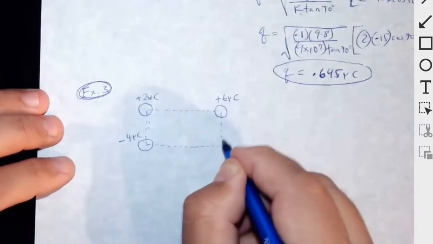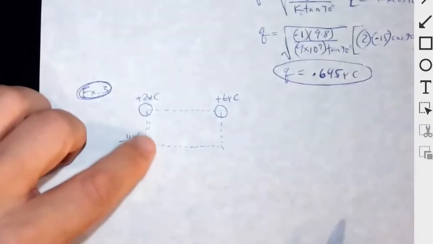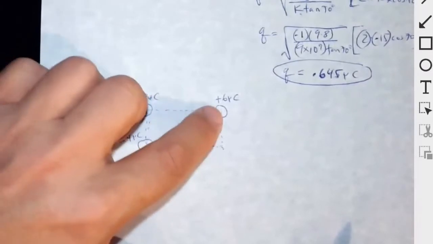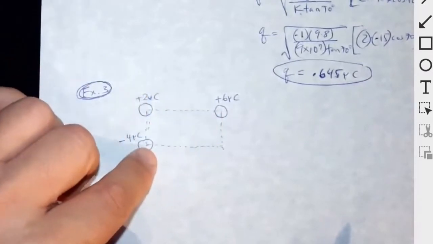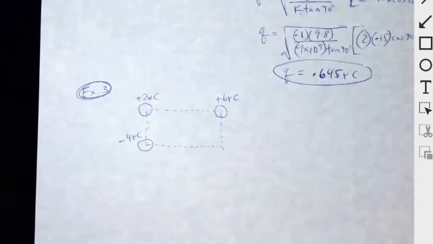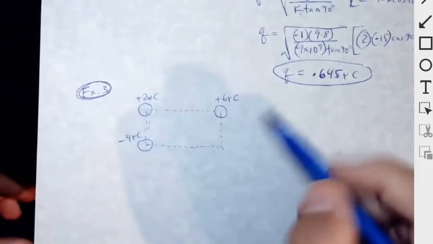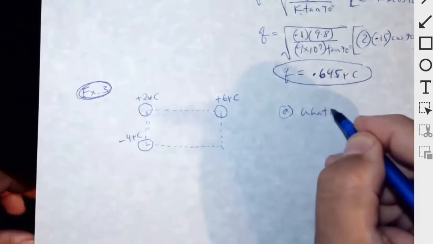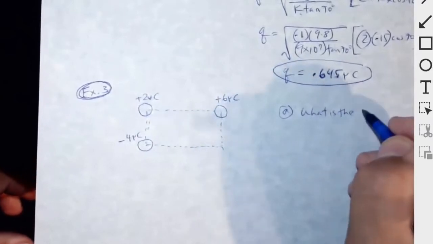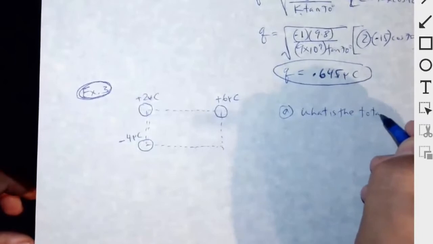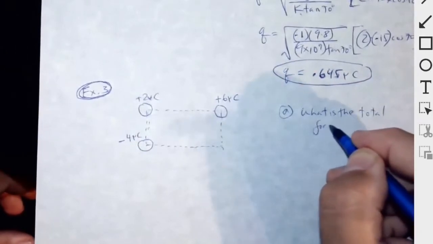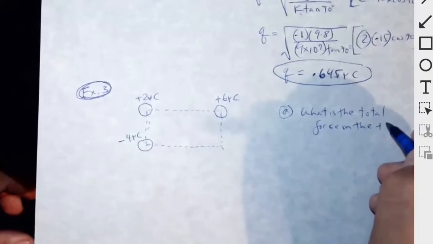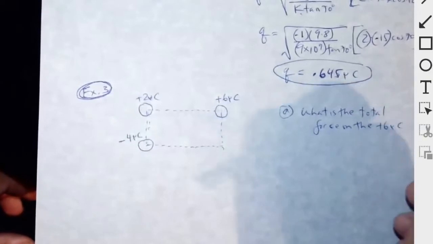Imagine you have a rectangle like this, and then 3 of its vertices have charges there. Okay, so I can ask a question. For example, I can say, what is the total force on the positive 6 microcoulomb charge?